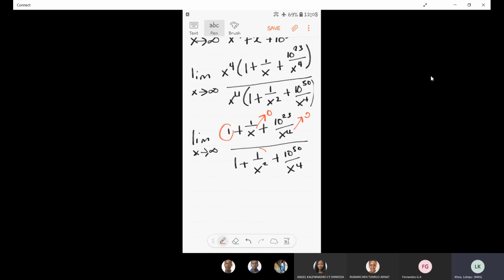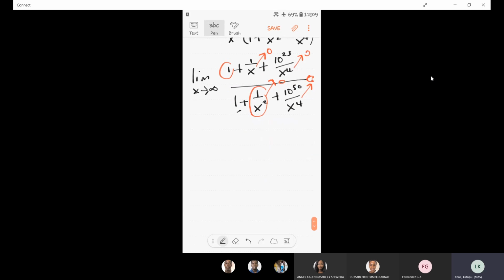Okay, same thing over here. This will approach 0, and then that will approach 0 as well. Okay, so if we look at what we have left, the 1 over there obviously stays as 1 because it has no effect from x getting bigger. 1 is constant, it'll always remain 1.